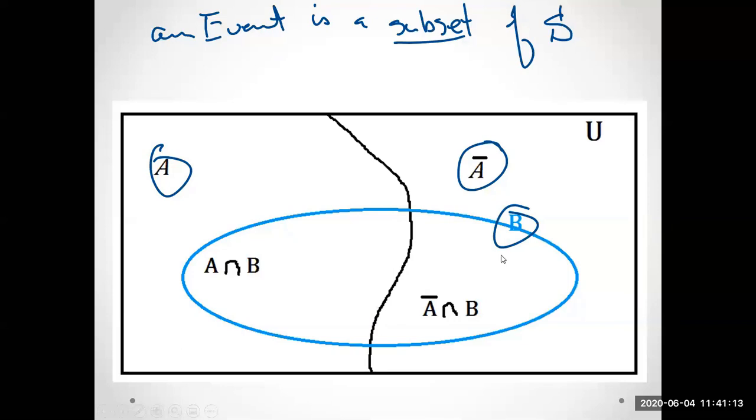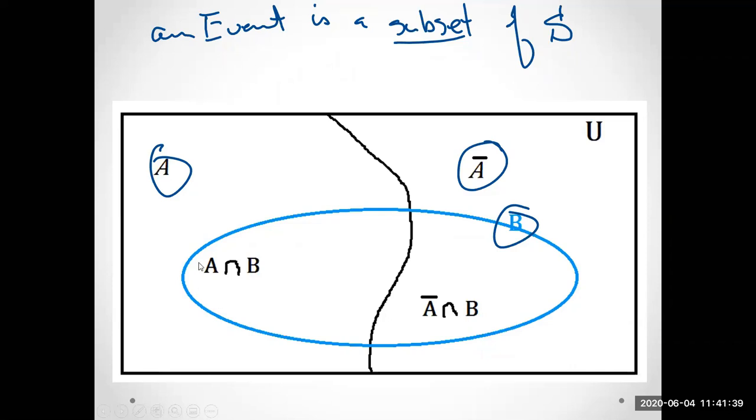Now, we can break up B though. B is this oval. We can break it up into the union of 2 other events. What events? A and A complement. Well, yeah, but I mean, A intersect B is where? Is here, right?